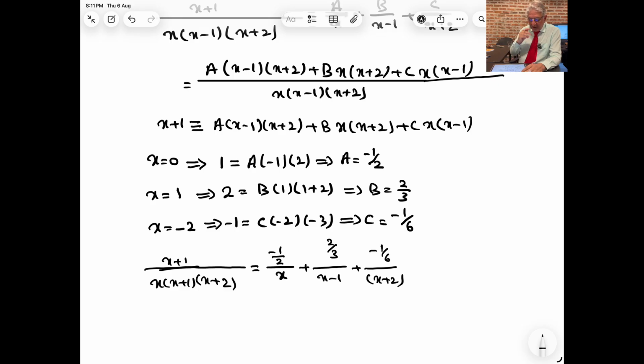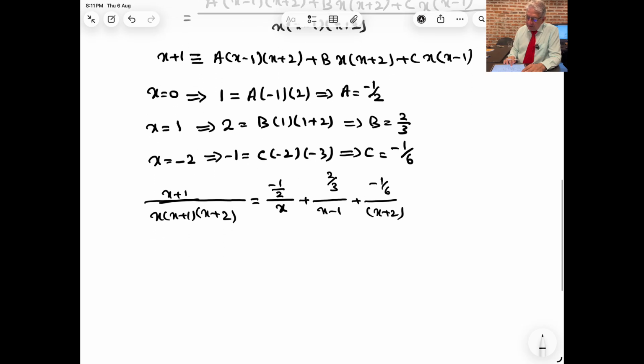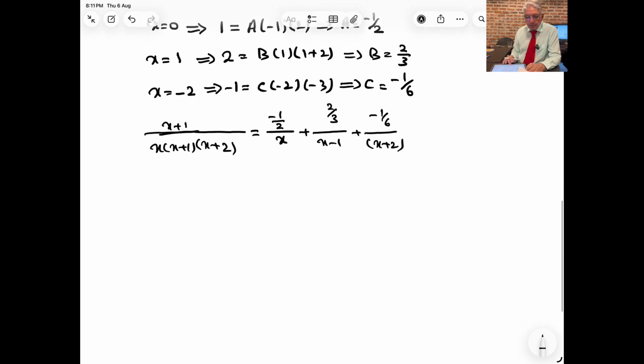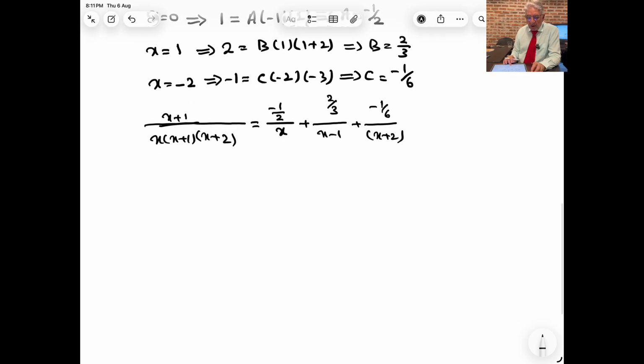So I have actually done the partial fraction for this expression. Now I will go for the second case.